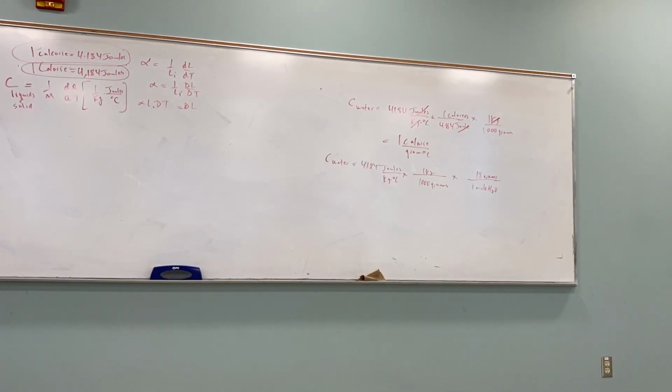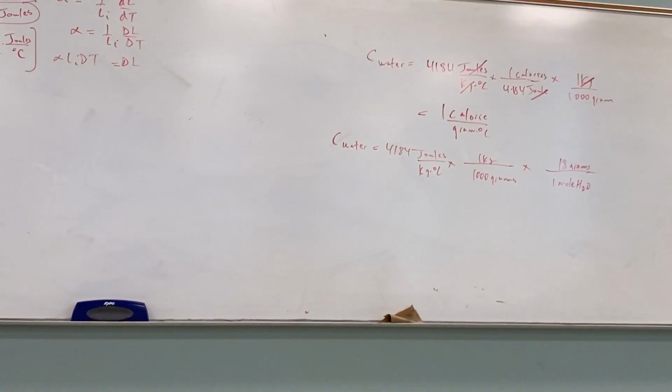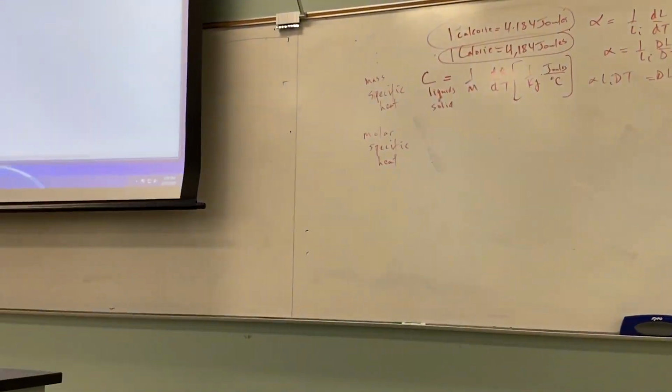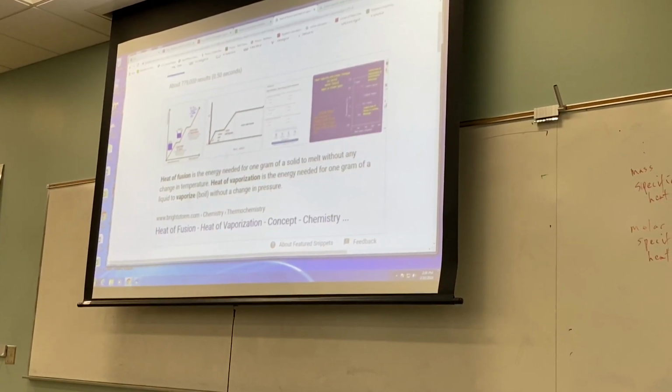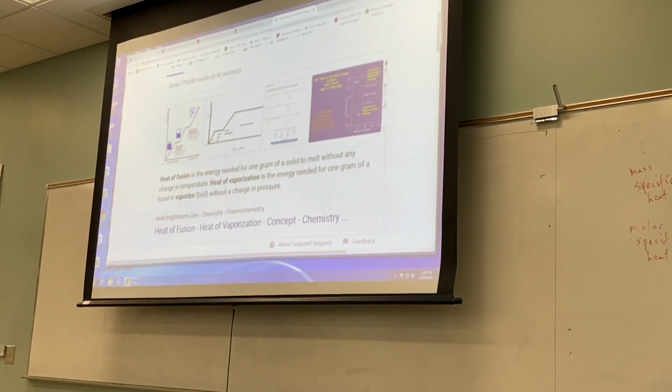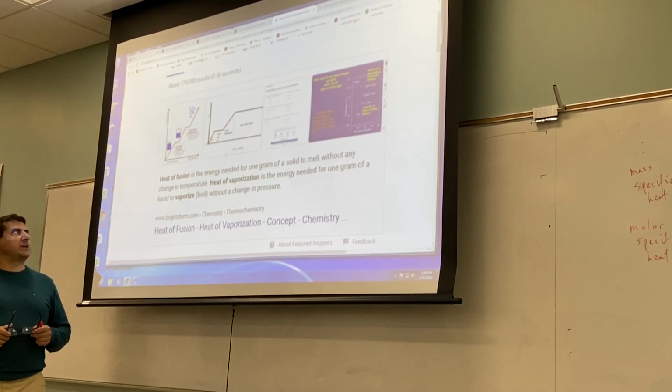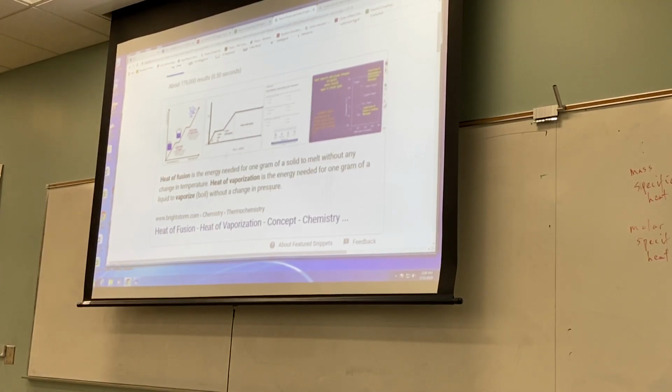Okay, now heat of fusion and vaporization. So heat of fusion is the energy needed for 1 gram of a solid to melt, without any change in temperature. It's kind of weird, I don't understand why this is, but have you noticed these graphs are kind of weird to understand?